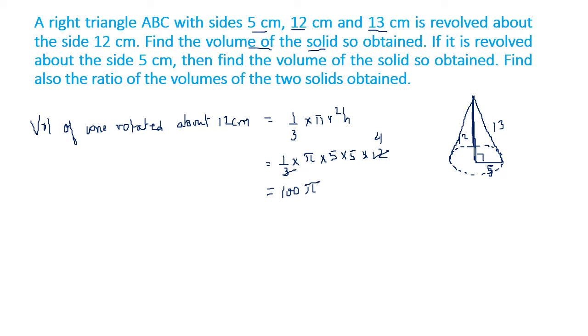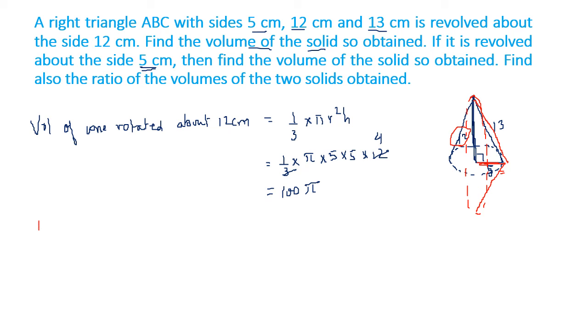Now we rotate the triangle about the side 5. So keeping the side 5 as it is, we rotate around 5. If you rotate around 5, you will get a cone like this. So now 5 becomes the height, and this becomes the radius.